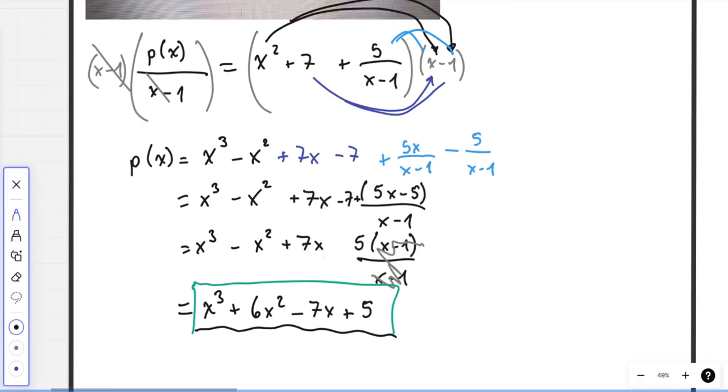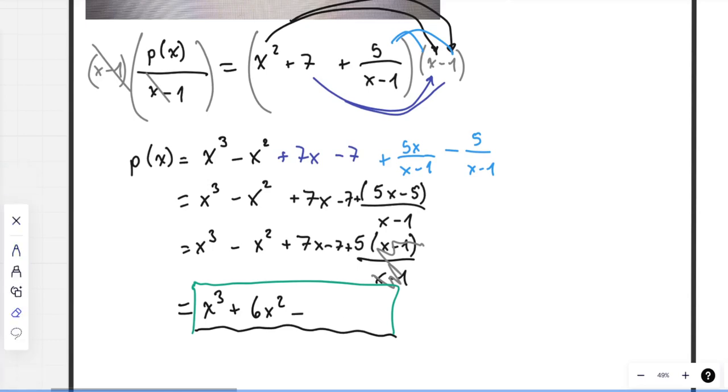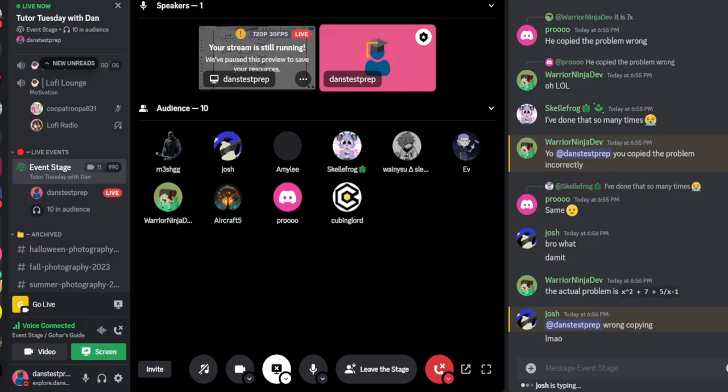And we have to remember the minus 7 here. So if that cancels out, we get minus 7 plus 5. Minus 7 plus 5 is going to be minus 2, so we get in total x cubed minus x squared plus 7x minus 2.